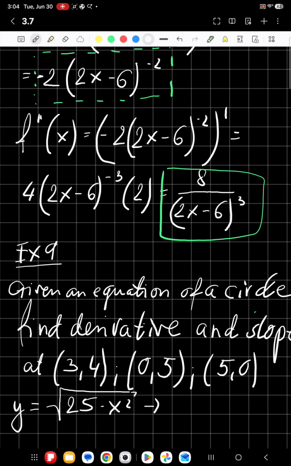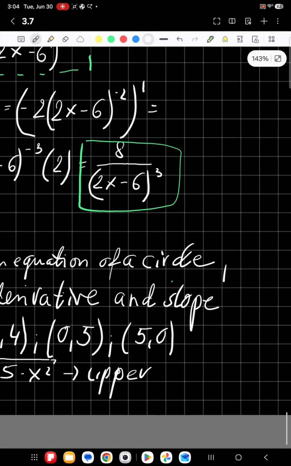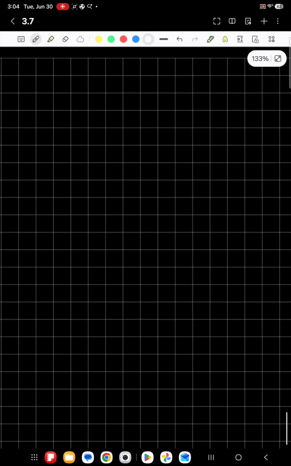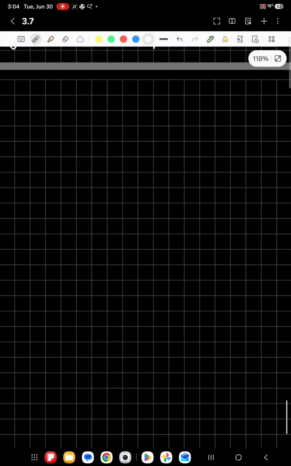Okay, so this is an upper half of a circle. All right, so yeah, the first thing we'll do is we'll find the derivative.